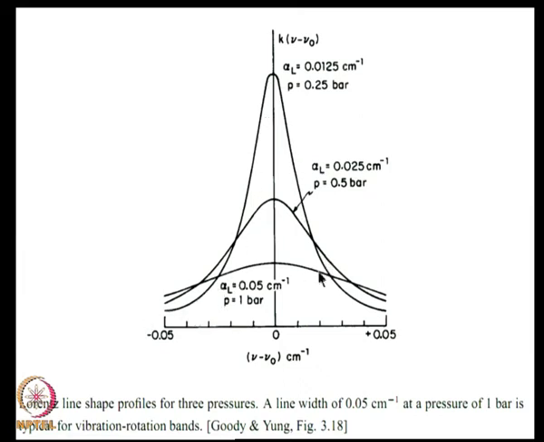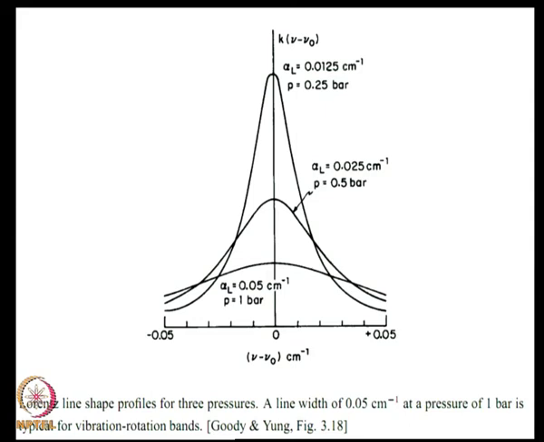The line is very flat at high pressure and not so flat at low pressure. In the earth's atmosphere, the surface pressure is close to 1 bar, while at a height of about 10 to 20 kilometers the pressure would have dropped substantially. At about 15 kilometers, the pressure will be 1/10 of the surface.